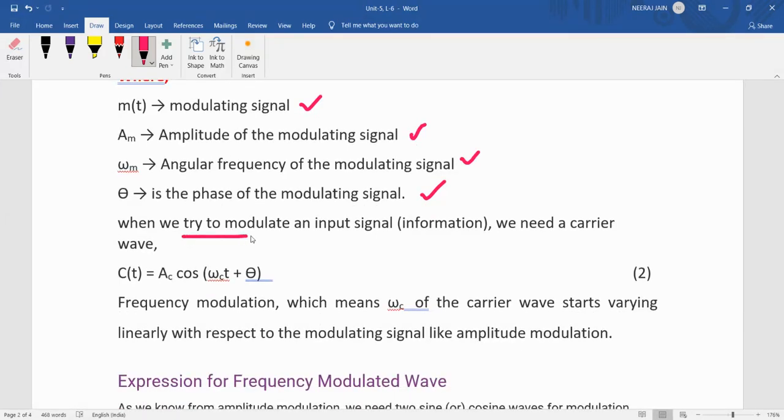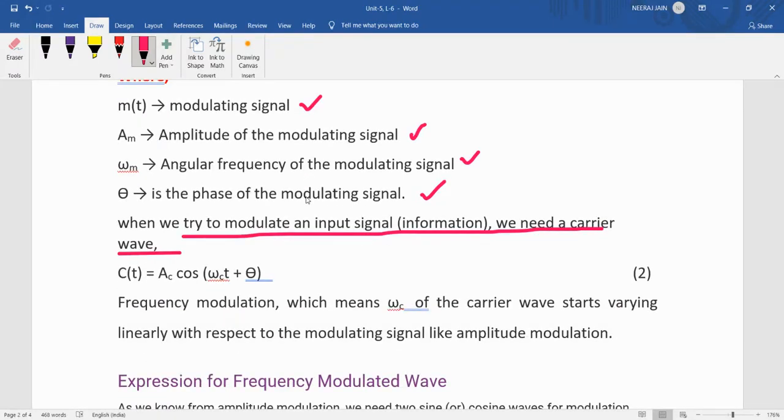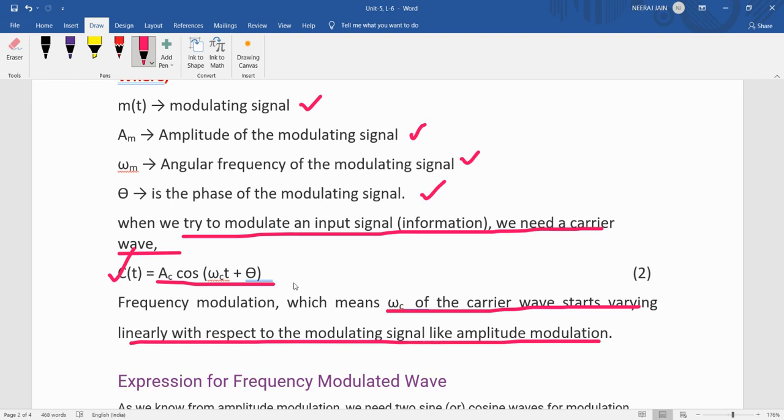When we try to modulate an input signal, we need a carrier wave. जब भी हम इनपुट सिग्नल को मॉड्यूलेट करने की कोशिश करते हैं तो हमको कैरियर सिग्नल की जनरेशन की नीड होती है. So the carrier wave is given by the equation Ac cos(omega c t + theta). Frequency modulation means omega c of the carrier wave starts varying linearly with respect to the modulating signal, like amplitude modulation.